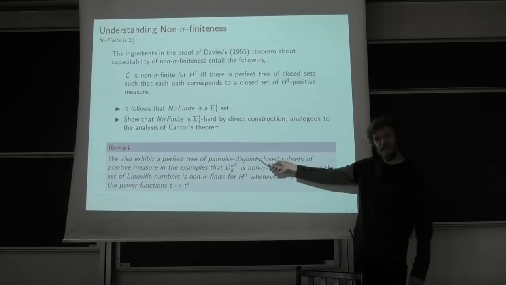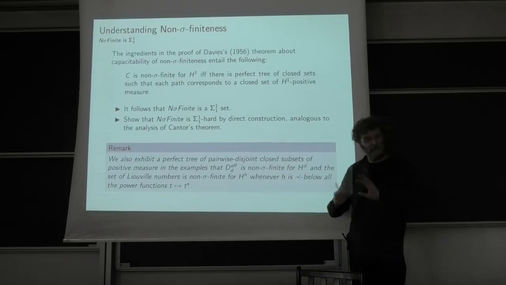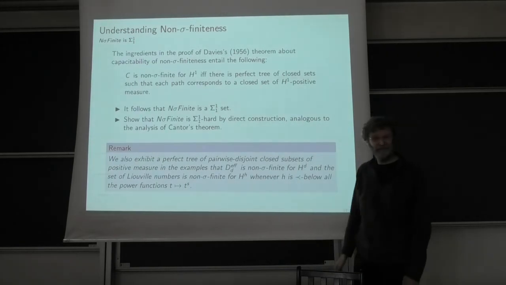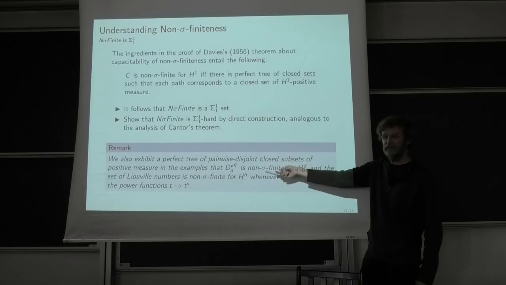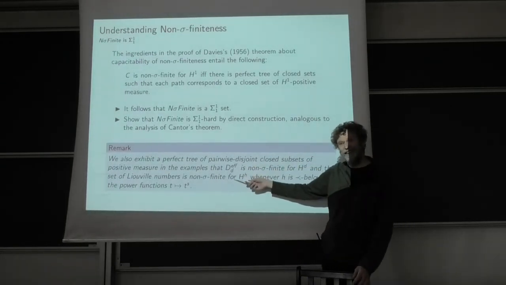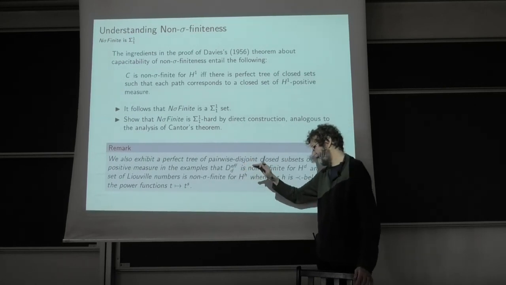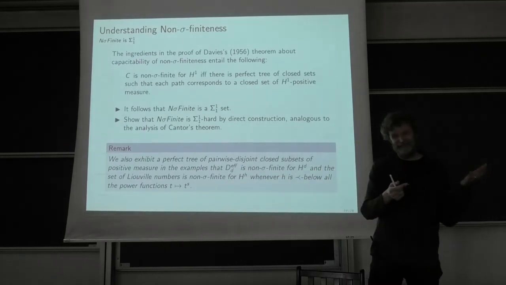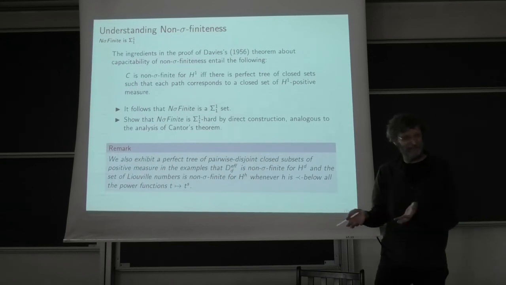In both cases, to prove that those sets are not sigma finite for those measures, we have to embed this kind of tree. So knowing that, these examples weren't known before. They come out of the way to be able to analyze whether something is not sigma finite. Well, you want to know how complicated it is. Is it to check? What's the optimal description for what it means to be not sigma finite.